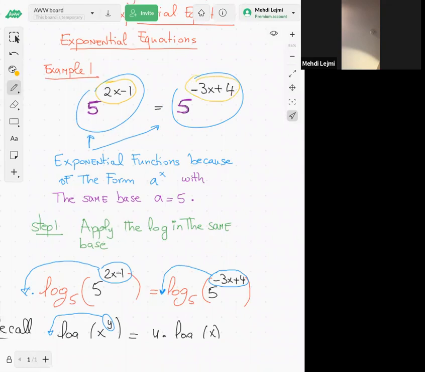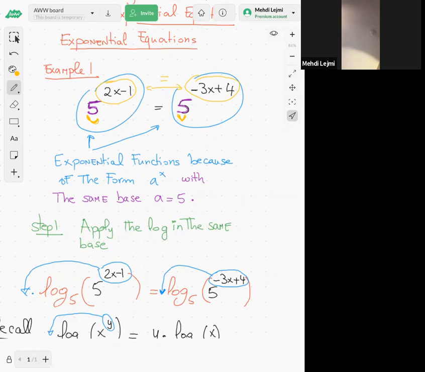Okay, so these two exponents have to be equal. But you have to be careful, guys. You need the same base, right? Because here it's base 5, here it's the same base 5. So if we do have the same base, then the exponents are equal.